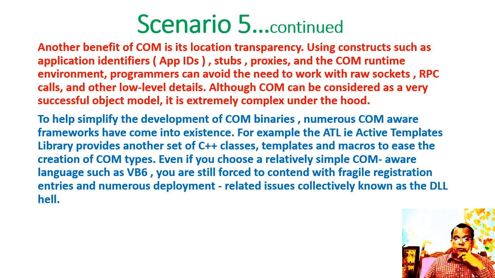Using constructs such as application identifiers (app IDs), stubs, proxies, and the COM runtime environment, programmers can avoid the need to work with raw sockets, RPC calls, and other low-level details.